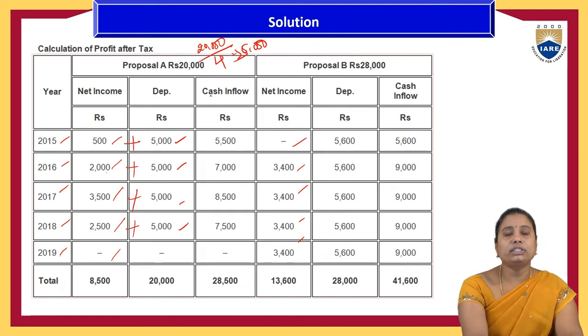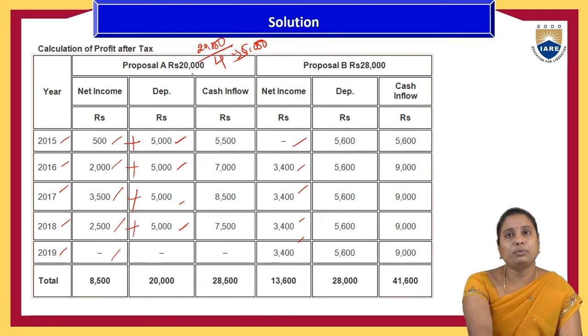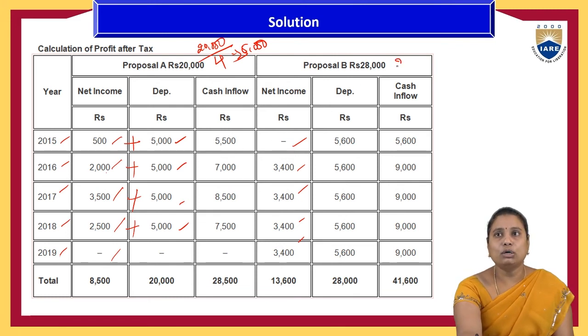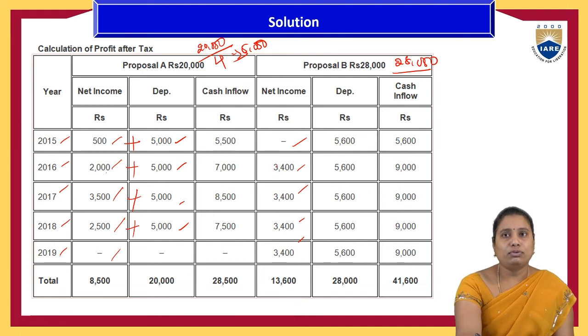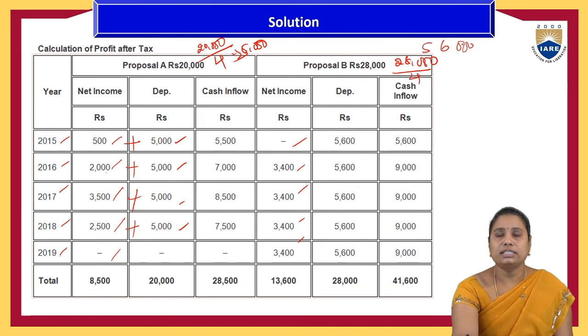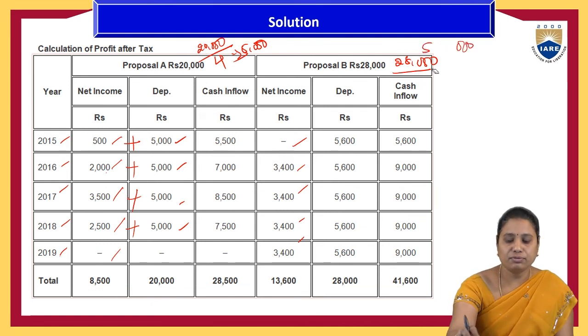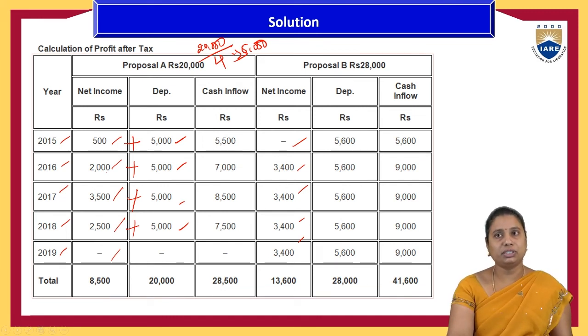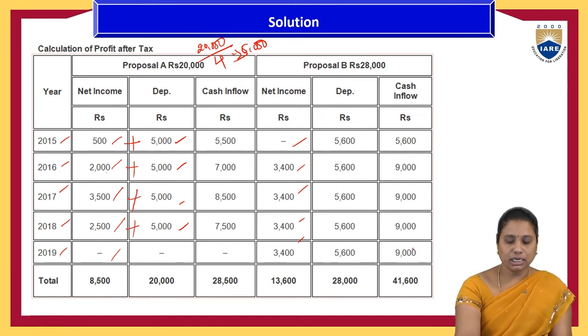So that is the cash inflows for this proposal A. Proposal B also: 28,000 divided by the years of cash inflows, 1, 2, 3, 4 years it is going to get. So 25,000 divided by 4 years will give 5,600 of depreciation. So this is the cash inflows.